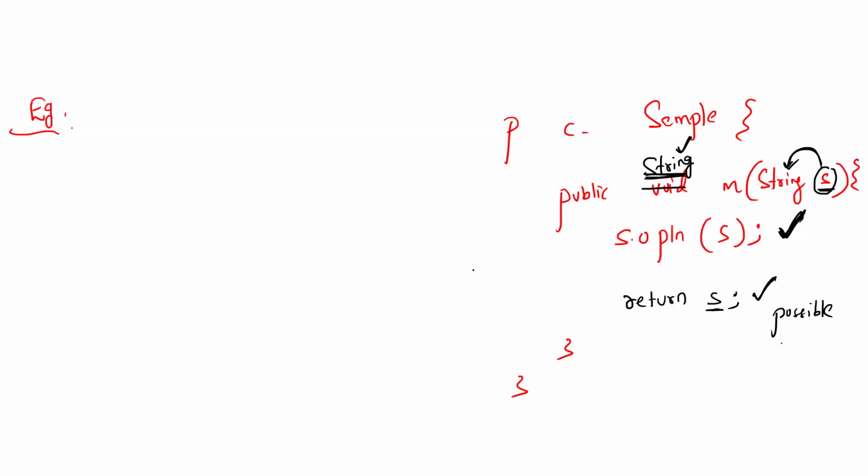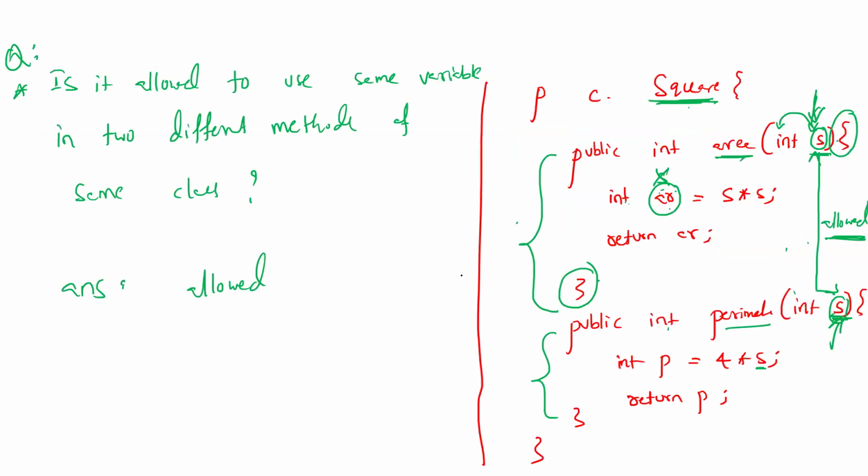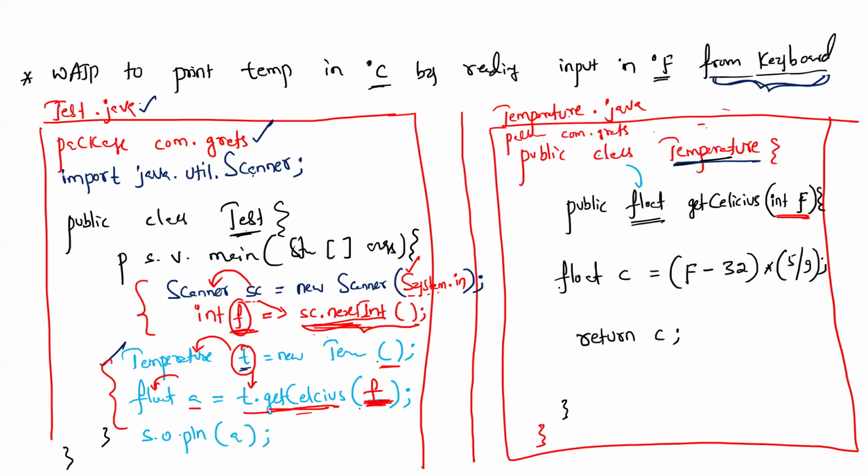Then the next part. In previous classes, whenever we discussed the method calling concept, I discussed the execution flow: step number 1, method calling; step number 2, method header; then the values will be given; then right hand side logic, left hand side part, then return, then catching, then printing.